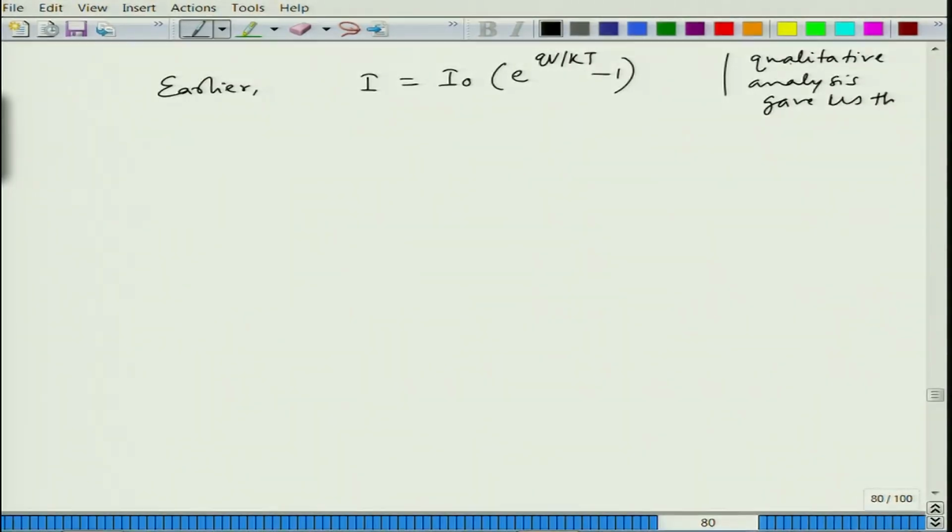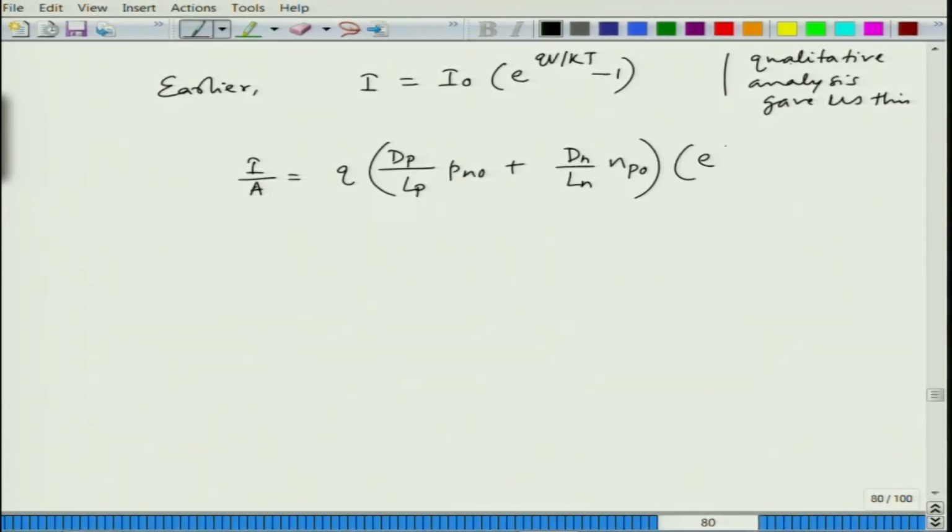Gave us this, right. So now what we got, this I over A is q[Dp/(Lp)]pn0 plus [Dn/(Ln)]np0, multiplied by e to the power qV by kT minus 1. Okay.